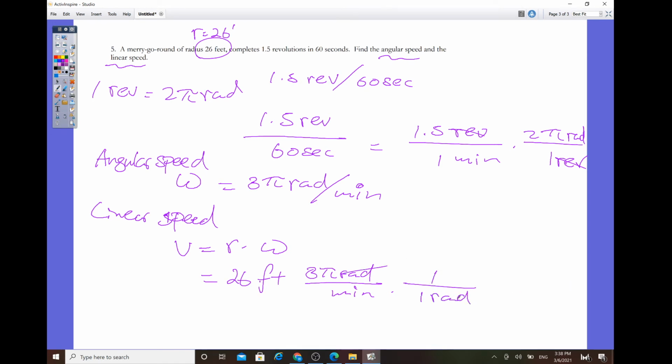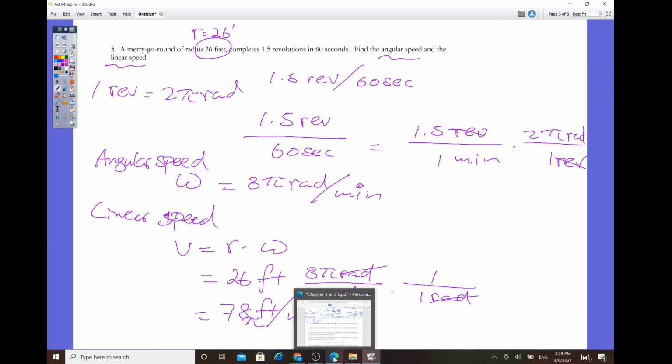The radians cancel. So 3 pi times 26 is 78 pi feet per minute. Don't forget about the pi, it's part of the conversion. So here we go, angular speed and then the linear speed.